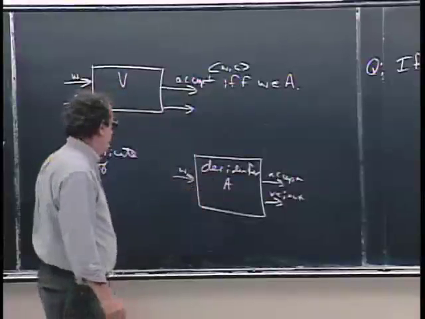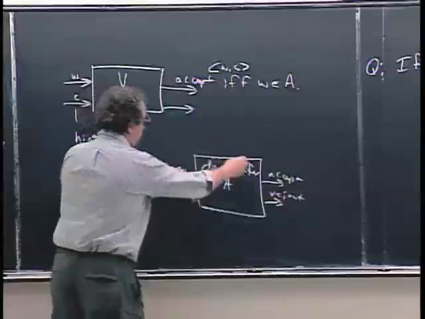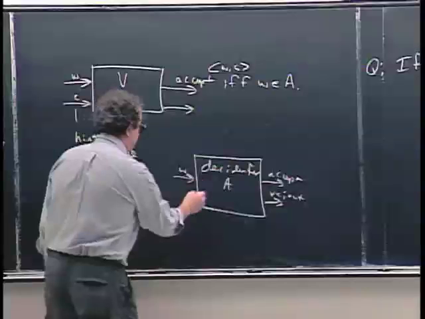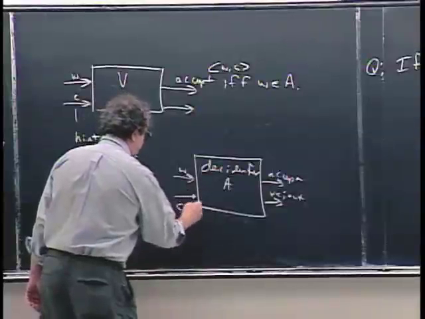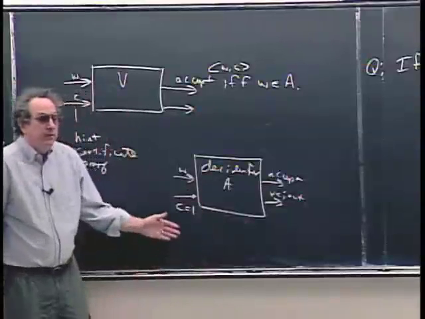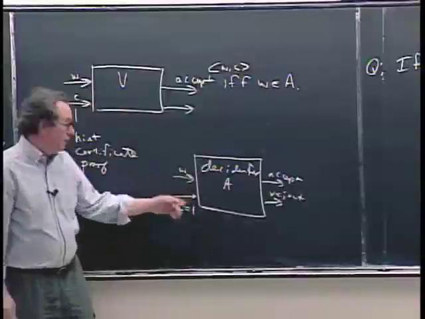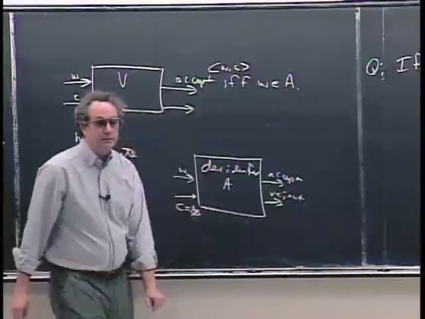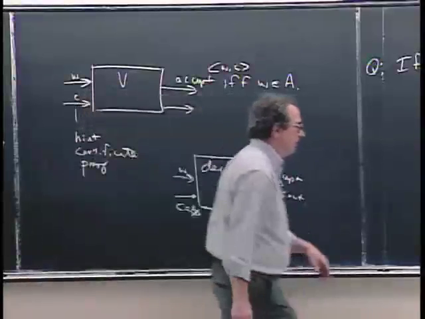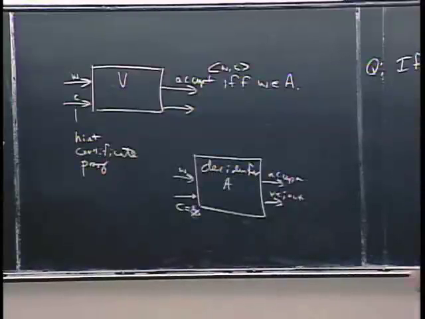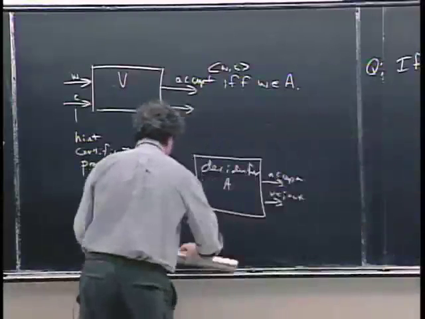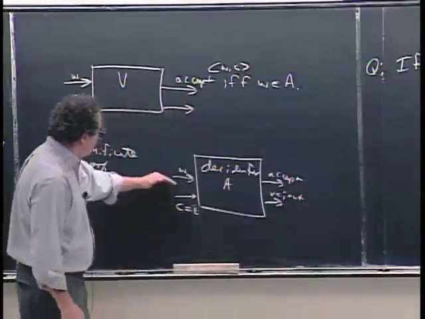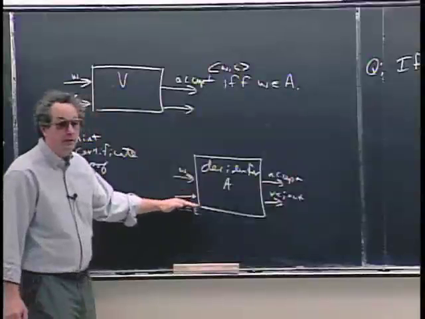What should I do? Okay, I'm going to turn this decider into a verifier in the following way. C is the empty string, epsilon. Okay? So I input W, I input the empty string, all right?